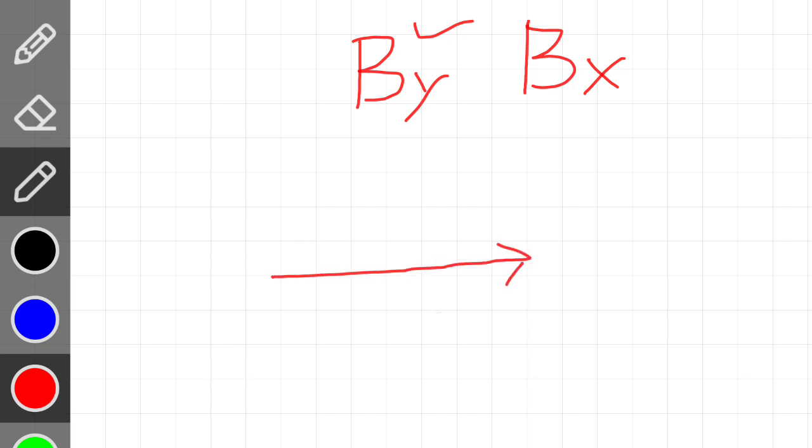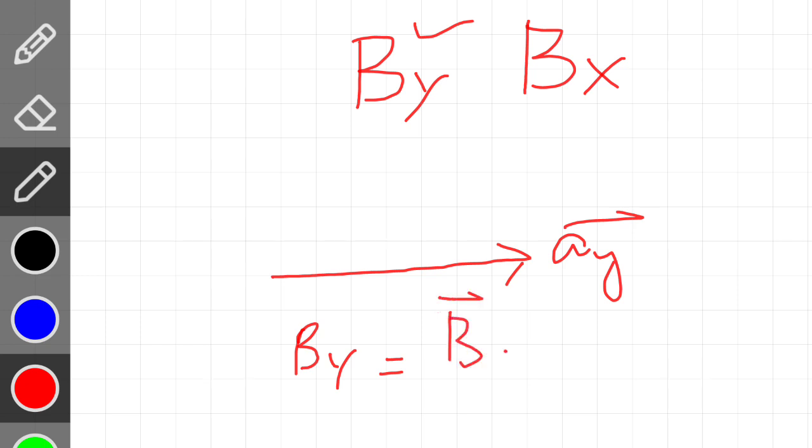The unit vector along y-axis is ay. So by will be equal to b dot ay. This is how we calculate the y component of this vector.